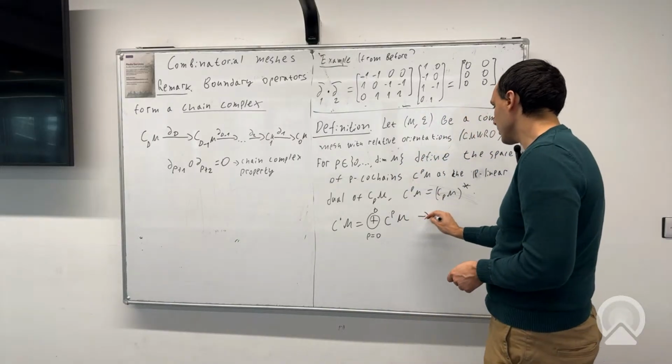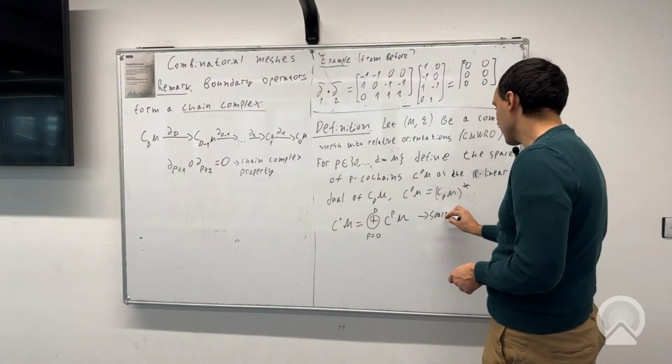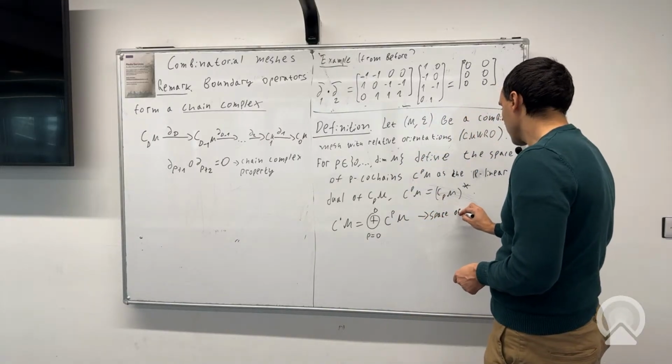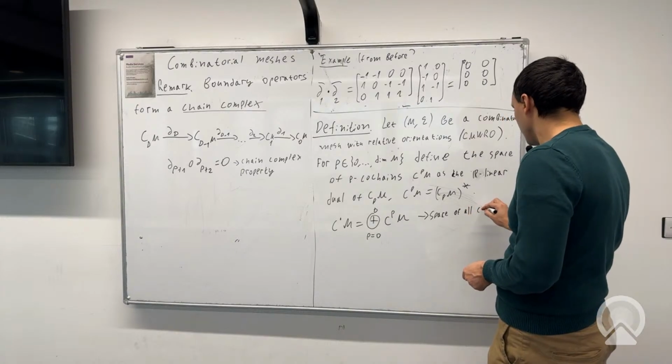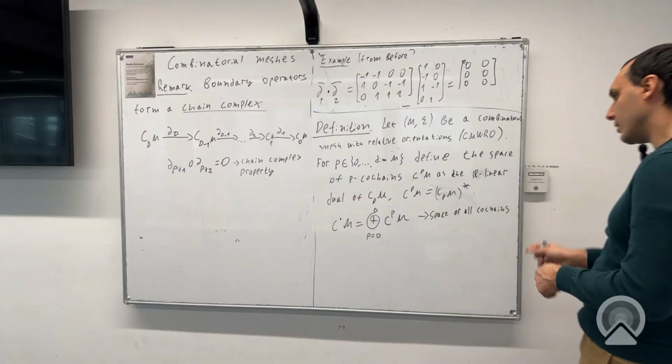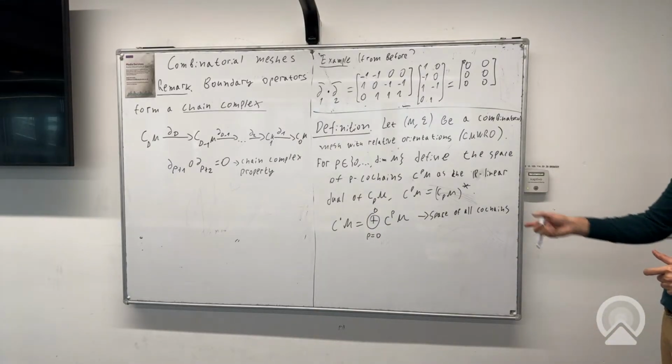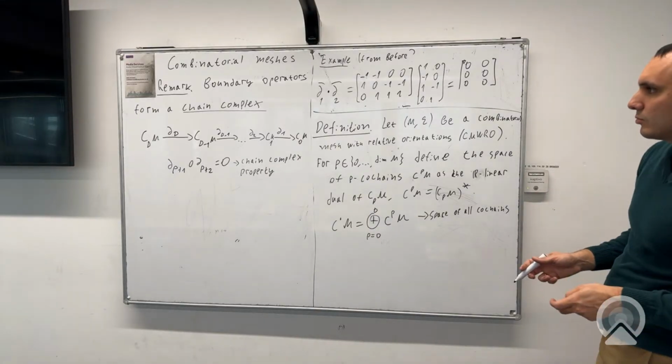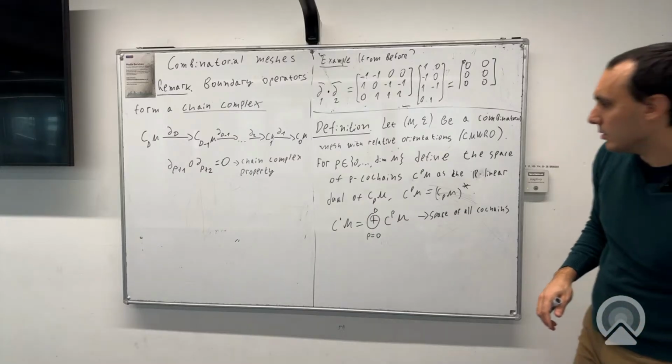So this is the space of cochains. Very often we work separately with different dimensions, but sometimes we may need to have them all together.